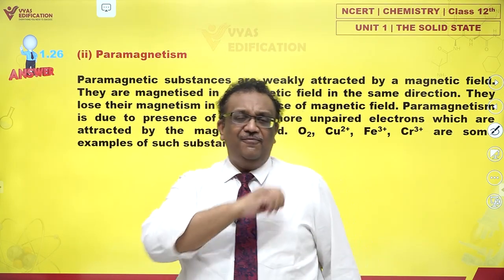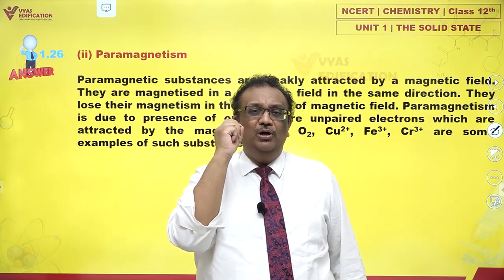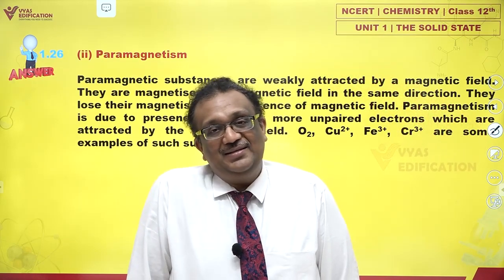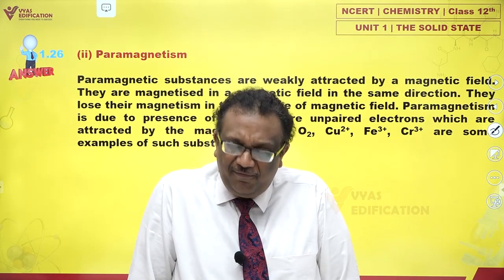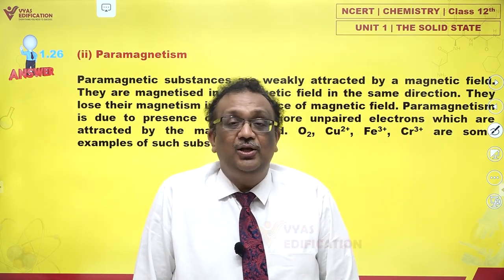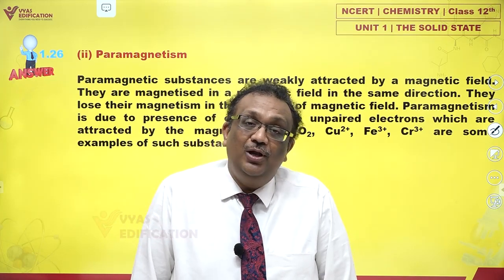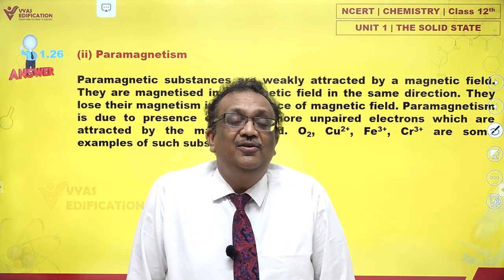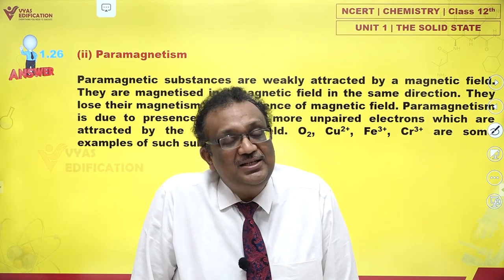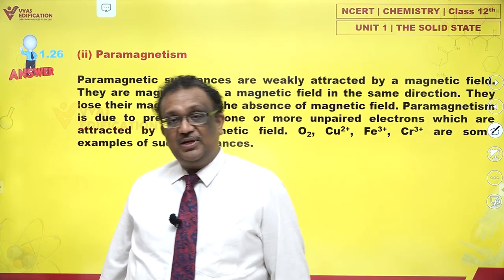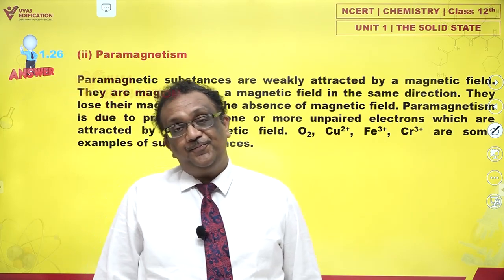That means every atom functions like a very, very small, tiny magnet. Such substances in which the fundamental units like atoms or molecules have unpaired electrons, these atoms or molecules begin to function as very tiny magnets, and such substances are said to be paramagnetic.